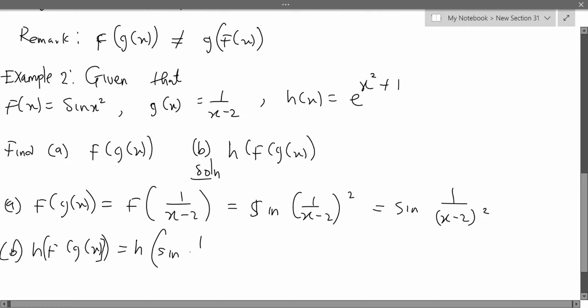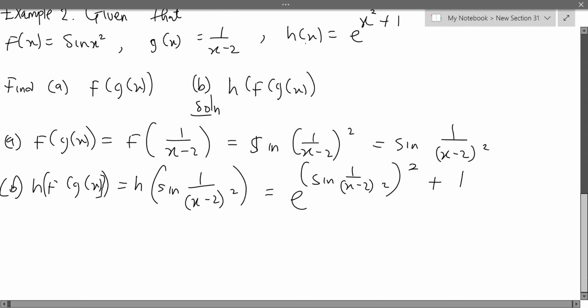So you have sine 1 over x minus 2 squared. This is the domain of the h. So in place of x, we just insert this there, so x is x squared here. We get sine 1 over x minus 2, everything that we had before, then you put a square on it, then you say plus 1. So this is exactly what you will get.